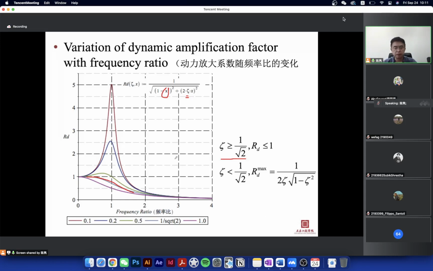And the third one is, where is the peak of this curve? The peak means the maximum value of RD. My question is, does the maximum value of RD happen at beta equals 1? Is it at this point or not?